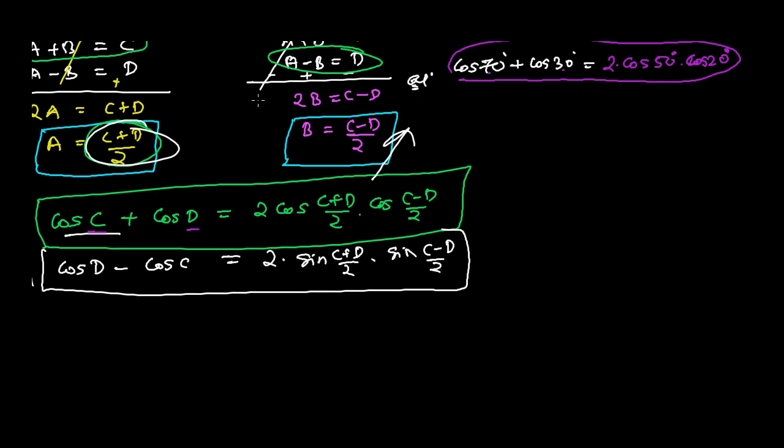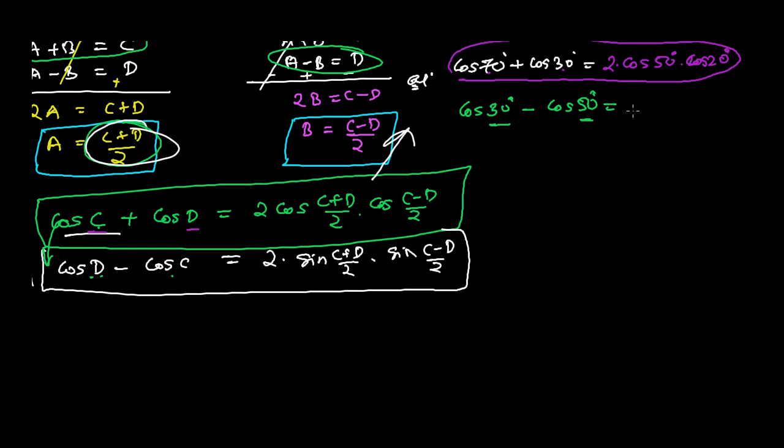Let's take another example, some difference form. If I have cosine of 30 degree minus cosine of 50 degree, then how do I write? Here it looks like cos d minus cos c, just the opposite of the other one. Keep in mind, first c was first and d was last, now d is first and c is last.